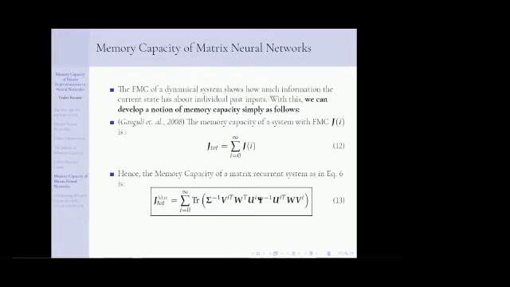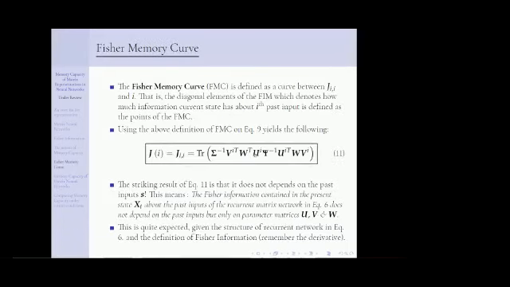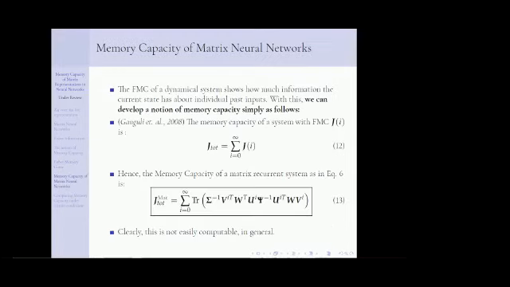So now if we calculate this for equation 11, we have J_i for a matrix recurrent network. For a matrix recurrent network in equation 6, we have this as its Fisher memory curve. Then we can calculate its memory capacity, as in equation 13.